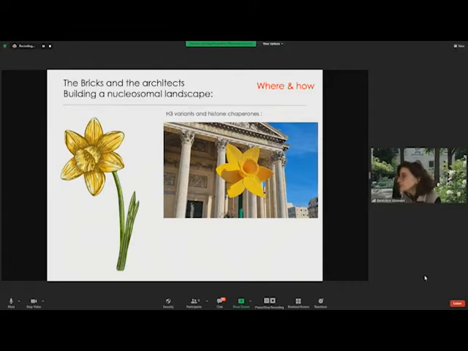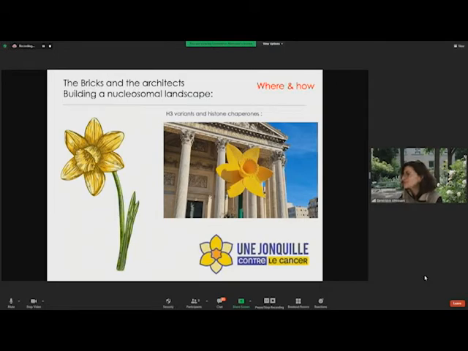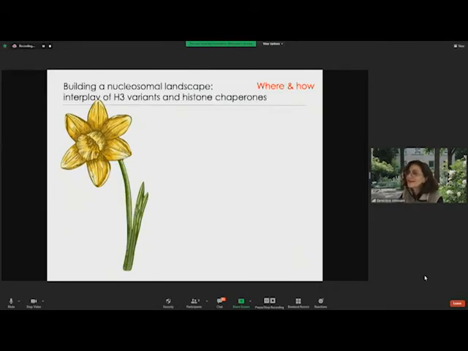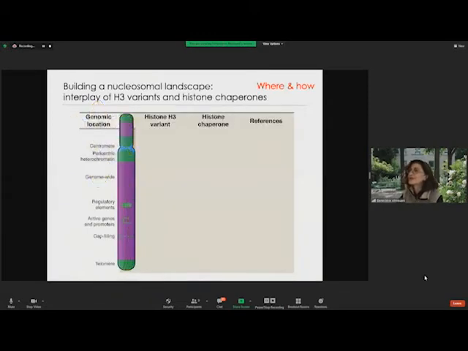It's huge, and for us quite an interesting opportunity. In the same way as this big daffodil has been built, you can see how you build the nucleosomal landscape over the chromosome, with a particular genomic location.